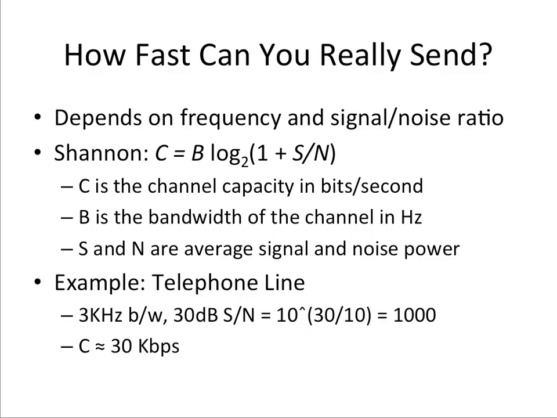More information. Does that make sense or no? So what does signal to noise ratio being high mean? We don't have a lot of noise, right? What if there's a lot of noise? It's hard to detect what's actually being said.